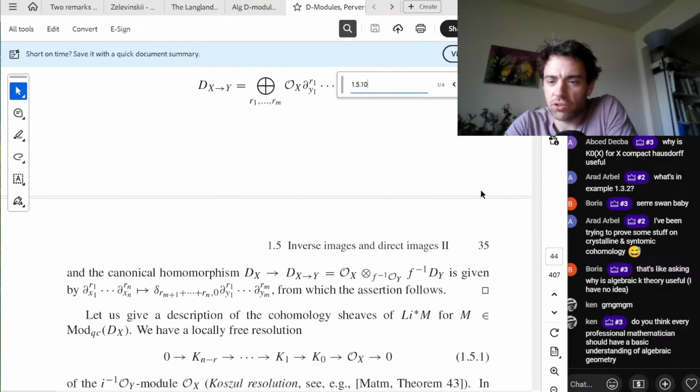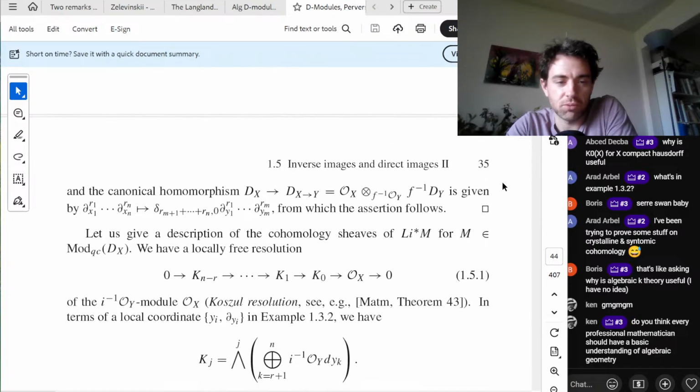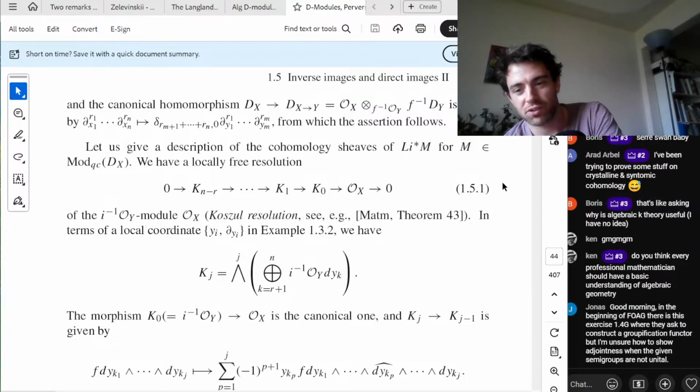Do I think every professional mathematician should have a basic understanding of algebraic geometry? Nope. Absolutely not. That doesn't make any sense. I'm heavily biased towards algebraic geometry, but if your life's work is to solve differential equations, I just don't see why that would be a good use of a professional mathematician's time.